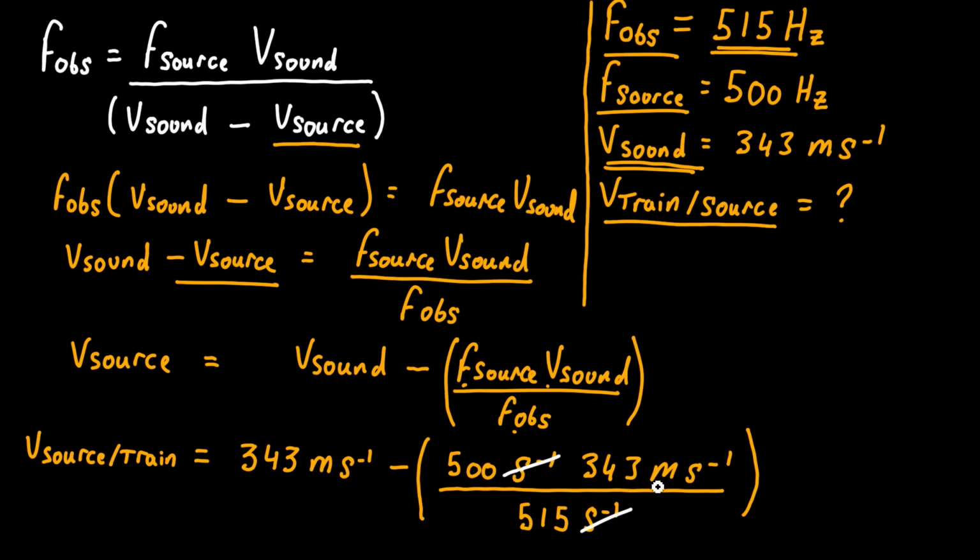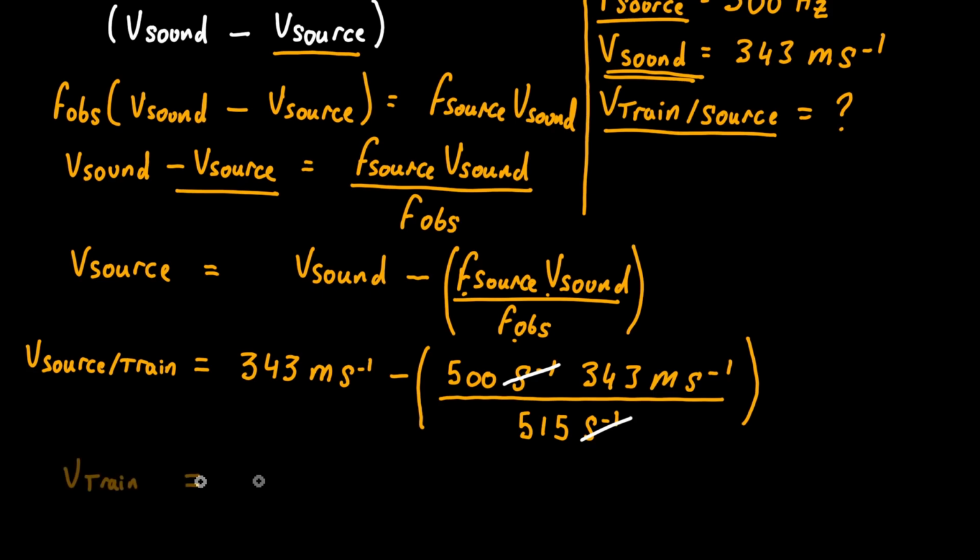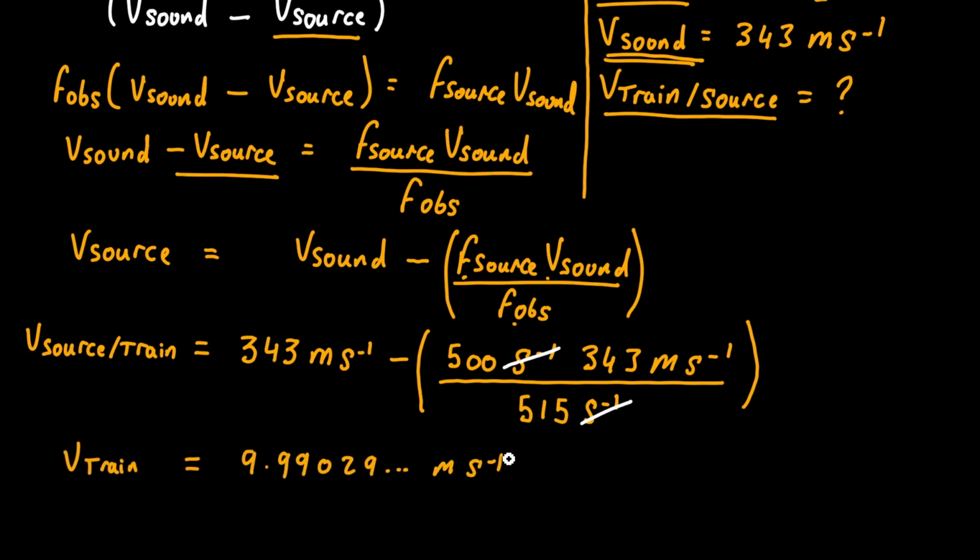So we get a speed of 9.99029 meters per second, but if we round that to 3 significant figures, we get 10.0 meters per second, which is about 22 miles per hour.